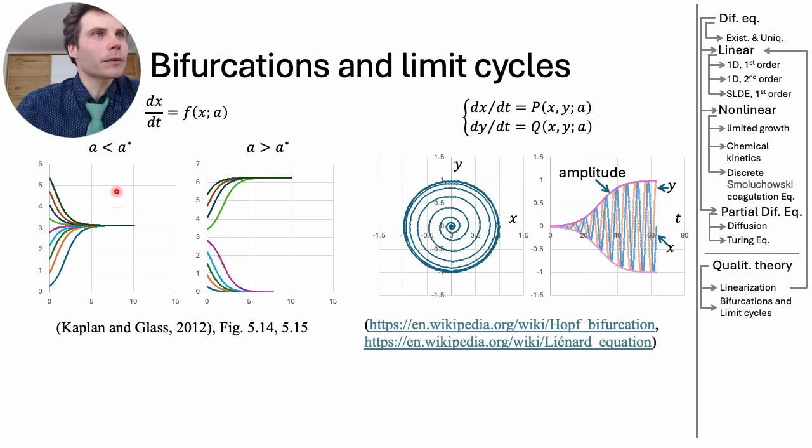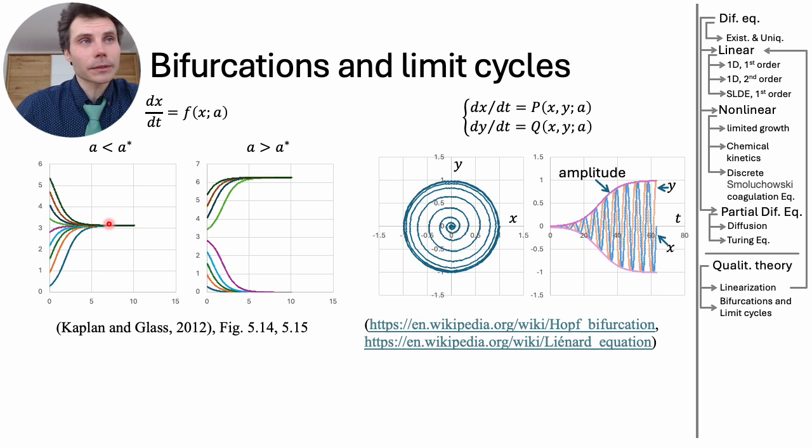If a certain parameter a, which is included in the original differential equation, is smaller than a asterisk, where a asterisk is just a fixed number. So the dependence of the right-hand part of the equation on a is such, we made it such, that once a is smaller than a asterisk, the kinetics is converging.